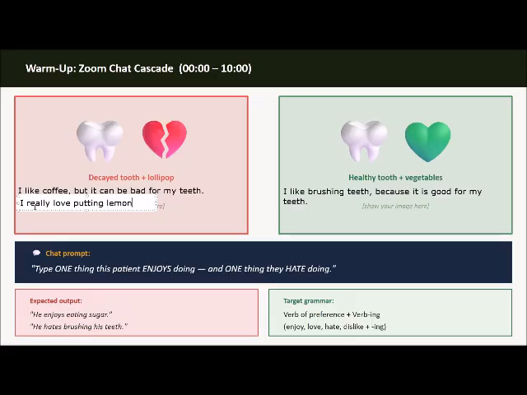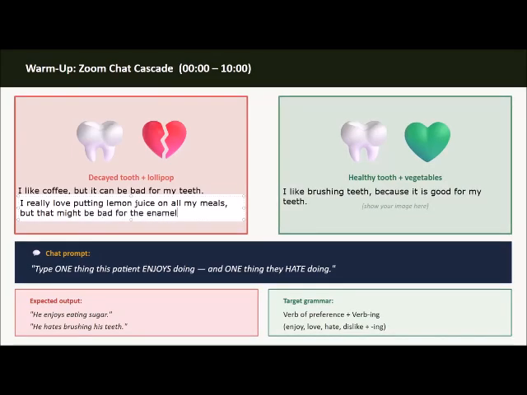Lemon. And by lemon, guys, we mean the juice, of course. On all my meals, but that might be bad for the enamel. Yes, it is. Too much acidity can be problematic.